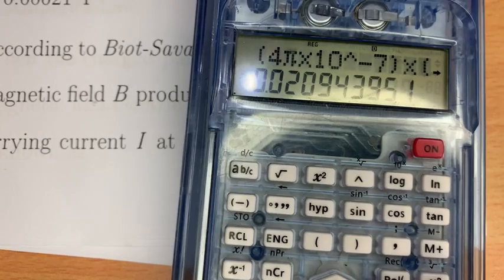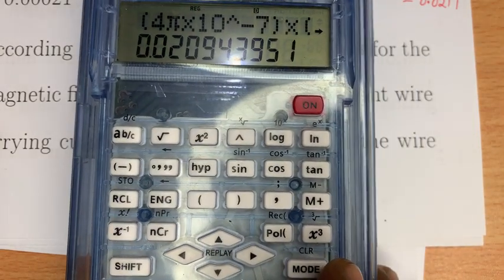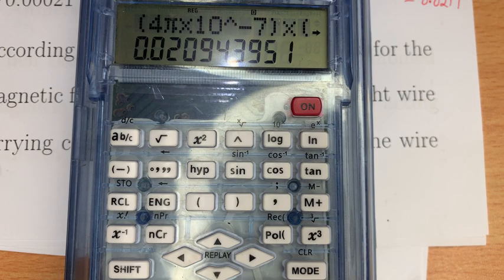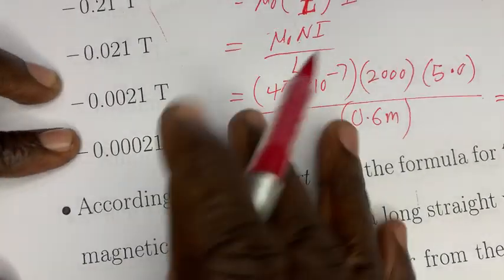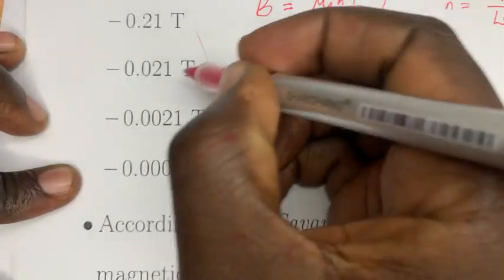Look at what you have here: 0.0209, approximately 0.021, correct to two significant figures. And my correct option is the second one.